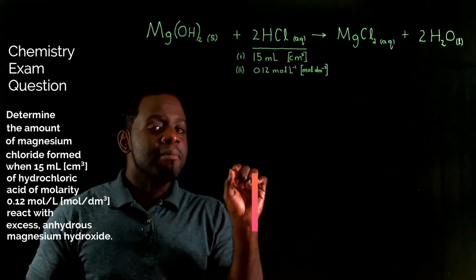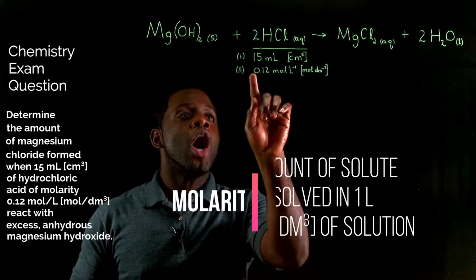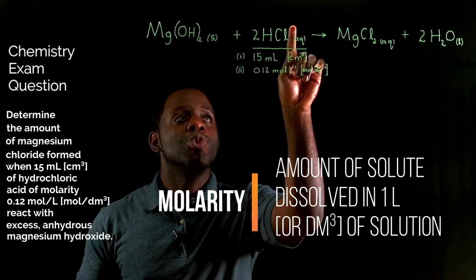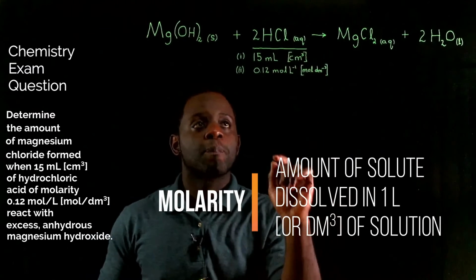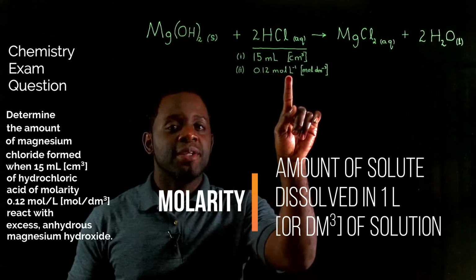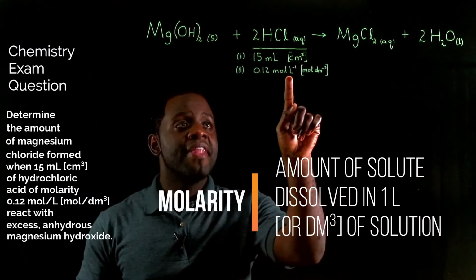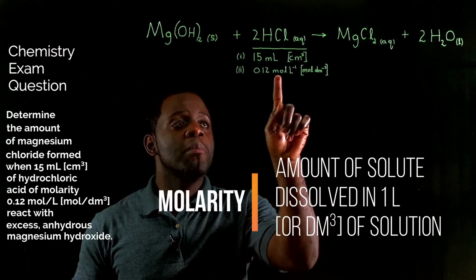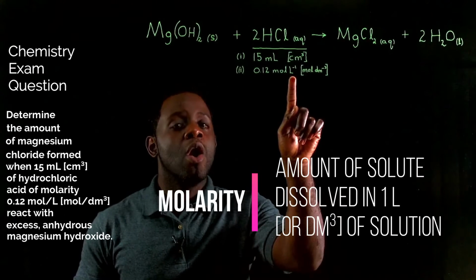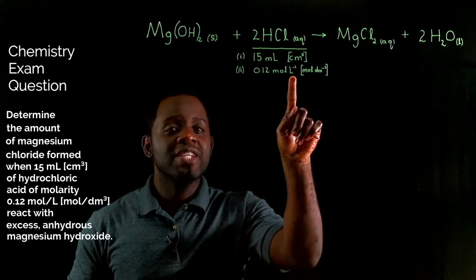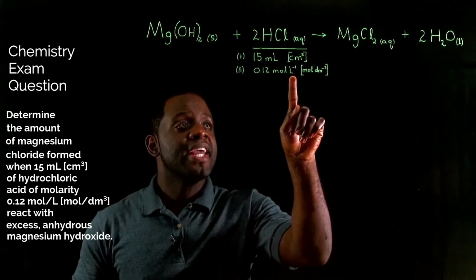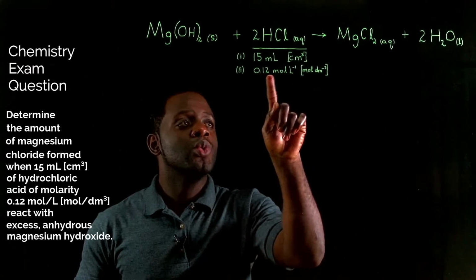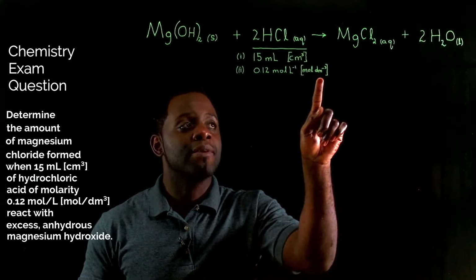To get the amount, we need to unpack the molarity and the volume of the solution of hydrochloric acid. Let's start with the molarity. We are told that the molarity is 0.12 moles per liter, or if you use dm cube in your region, it will be 0.12 moles per dm cube.